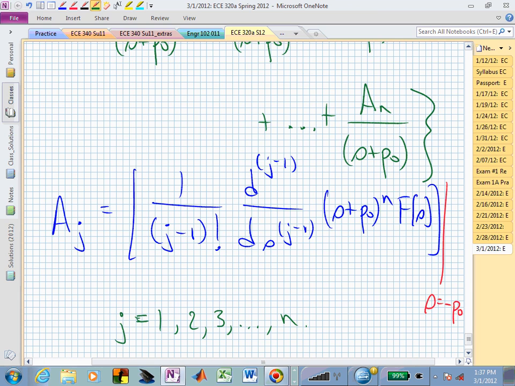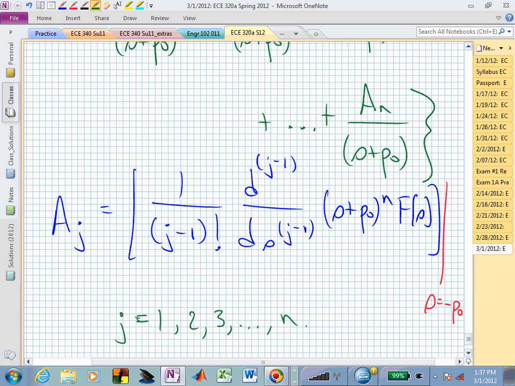Now if we plug in j equal 2, we will get a sub 2, and that will be our first derivative piece. We now have 1 over 1 factorial. 1 factorial again is 1. And we differentiate that expression once with respect to s and let s equal minus p sub 0. If little n was 5, then we would have to keep doing this 1, 2, 3, all the way up to 5.